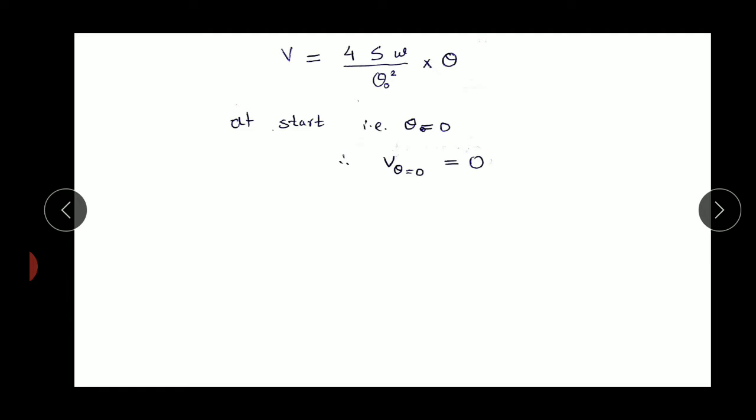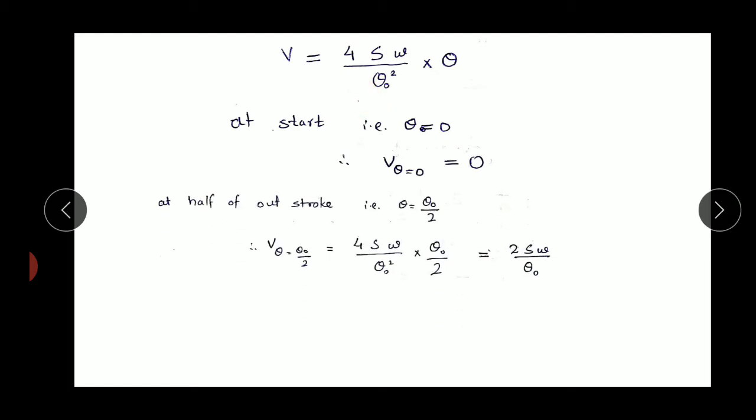So if you put theta O by 2 over here, theta and theta square, its square part will get cancelled, and the equation we will get is 2s omega upon theta O. 2 cancels with 4, so what will remain is 2s omega upon theta O. So at the point of half of out stroke, the velocity will be 2s omega upon theta O.